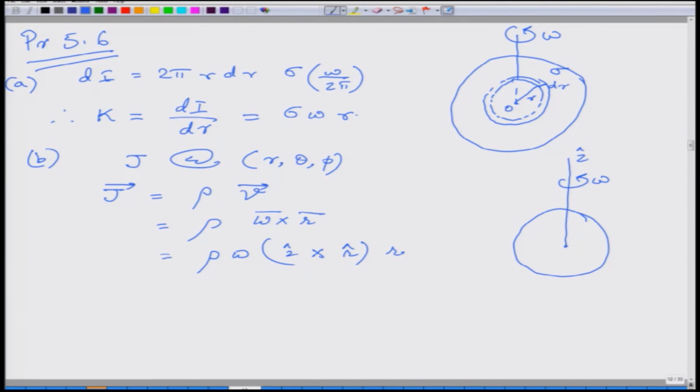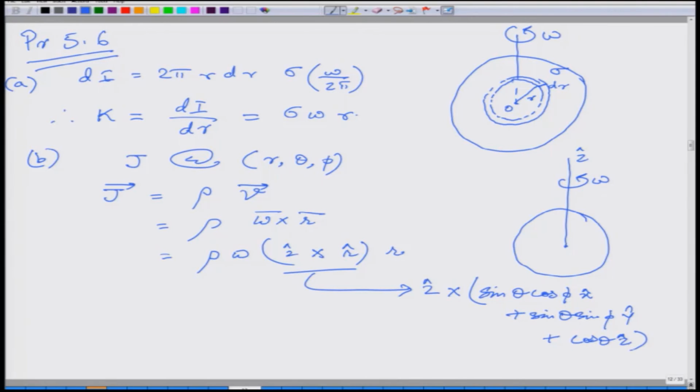Now specifically, if you want to calculate this, it is quite easy, because I can write r hat like sin theta cos phi x cap plus sin theta sin phi y cap plus cos theta z cap, which, if you evaluate, is nothing but sin theta phi cap.